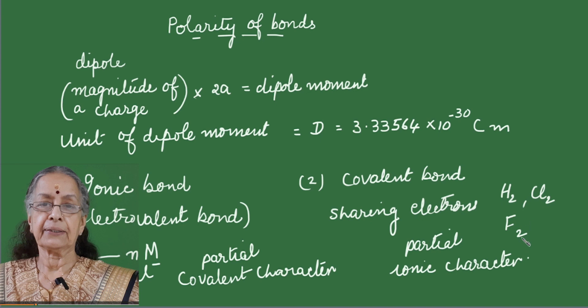But in diatomic or polyatomic heteronuclear molecules, covalent bonds will not be 100% covalent. They will have partial ionic character. That means they will show partial charge separation. That is polarity.